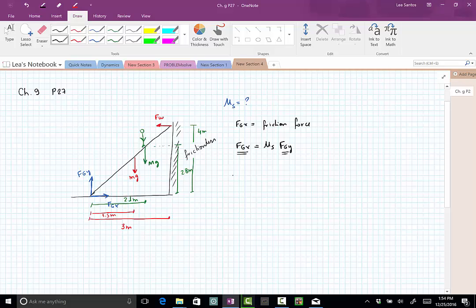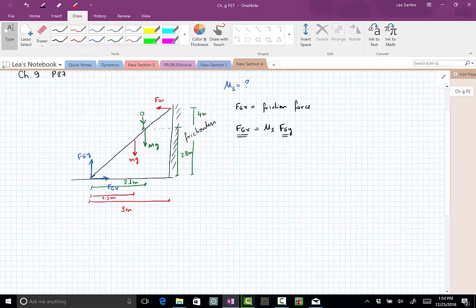Okay, so let's now write all the equations for the forces in the x direction, the forces in the y direction, and torque. So let me start with the forces in the x direction. What do we have in the x direction? Well, just the FGX and the force of the wall equals 0. So I'm using this reference frame.